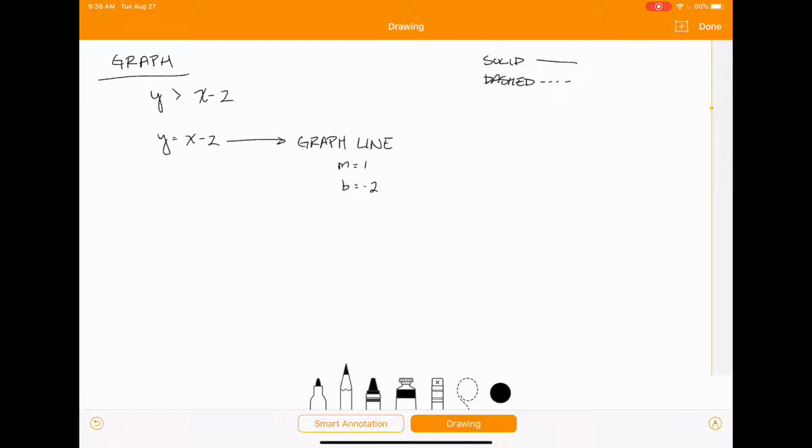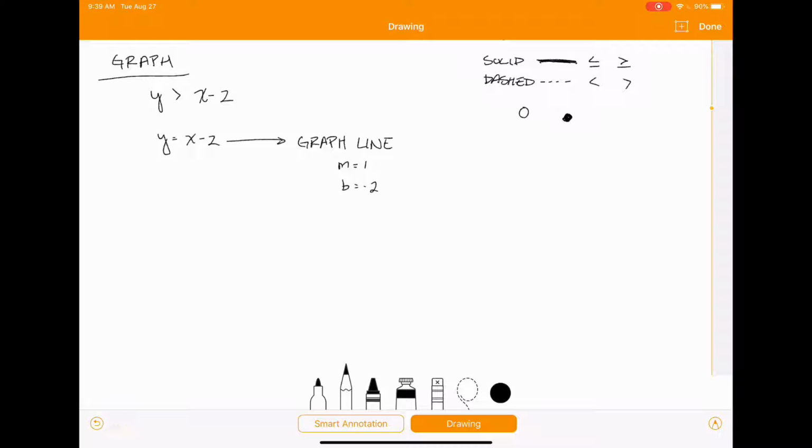Now, you're going to graph with a solid line if your inequality is less than or equal to or greater than or equal to, and a dashed line if it's simply less than or greater than, and there's no equal to. So it's kind of like when we had our open circle or closed circle. You remember that our closed circle was the ones that included those values, that they were also equal to those values.